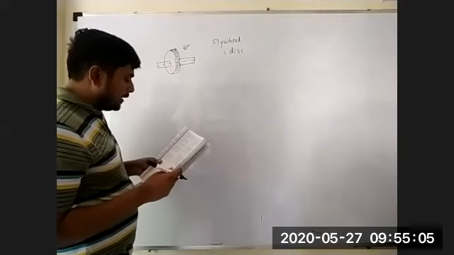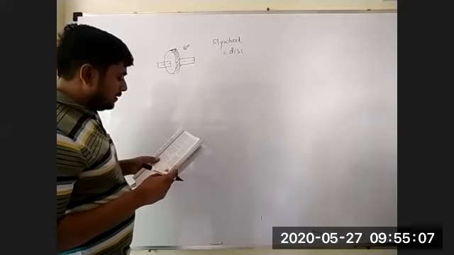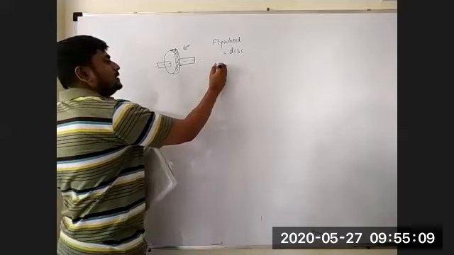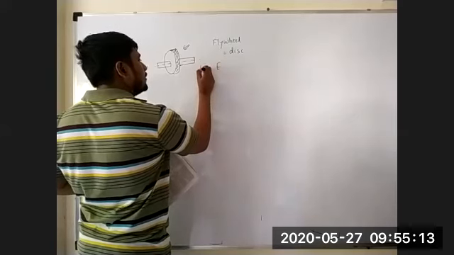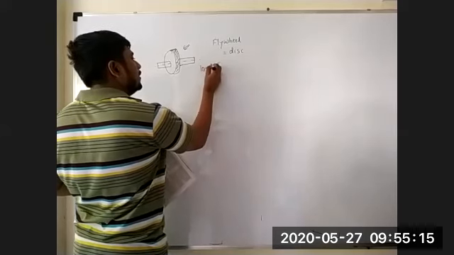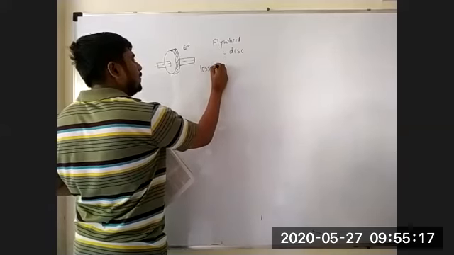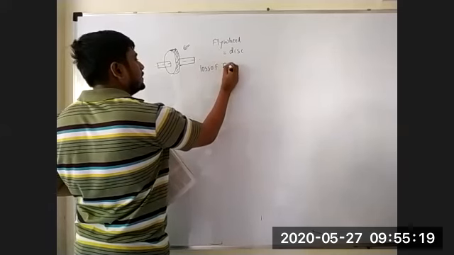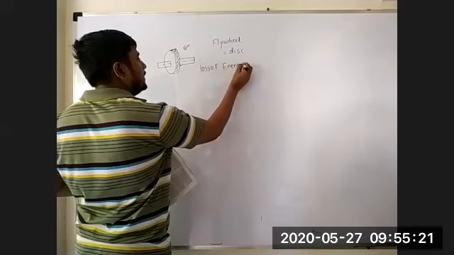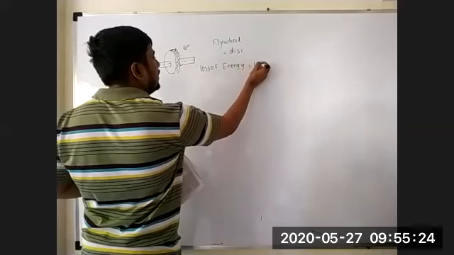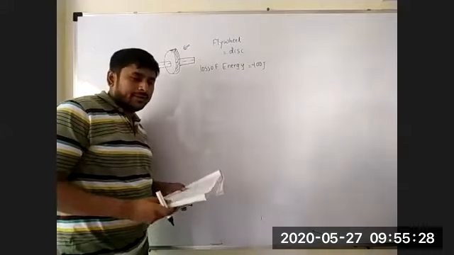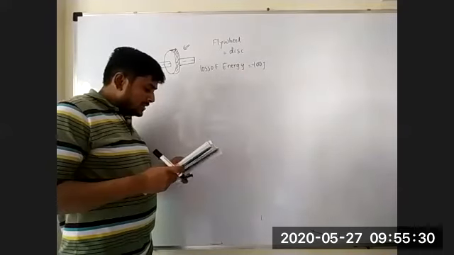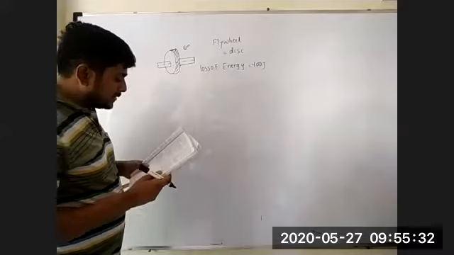and perpendicular to the plane, and it loses energy. The loss of energy is equal to 100 joule. Loss, that means you can take it as negative because it is a loss, right? 100 joule is the loss of energy when it is slowing down.